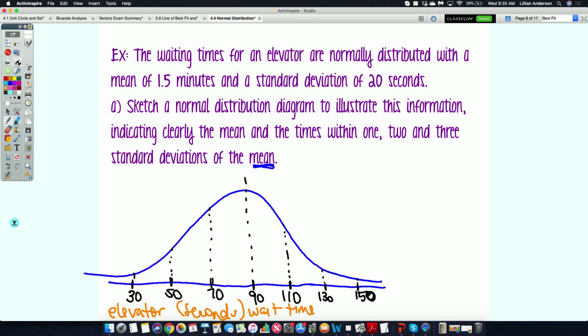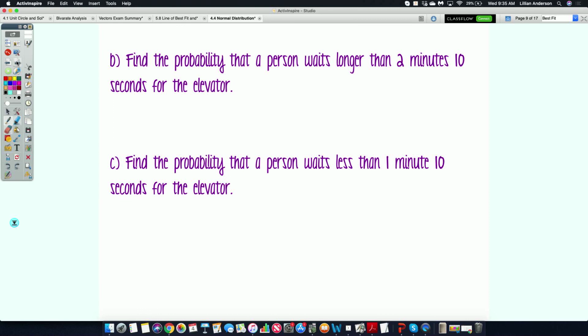Do we have a curve? All right, let's answer some questions based off of this. It asks us to find the probability that a person waits longer than 2 minutes and 10 seconds for the elevator. 2 minutes and 10 seconds is how many seconds? 130. So really and truly, we're looking for when they wait longer than 130 seconds.